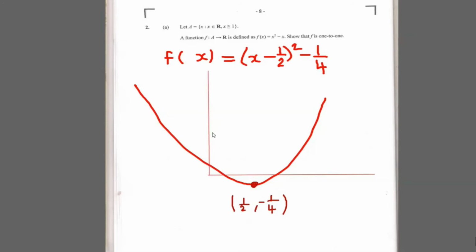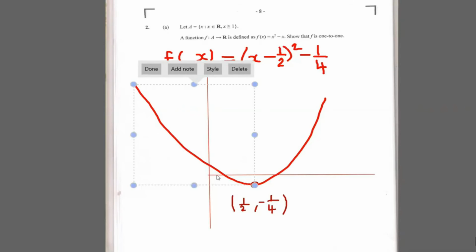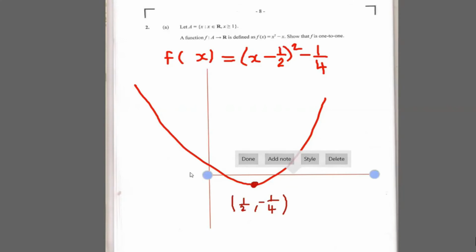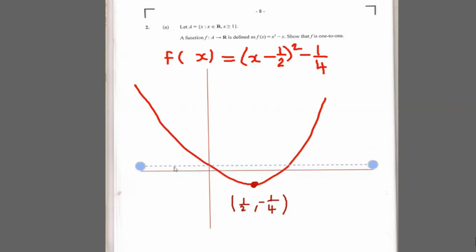So these are the axes. Let me move this up a little bit.